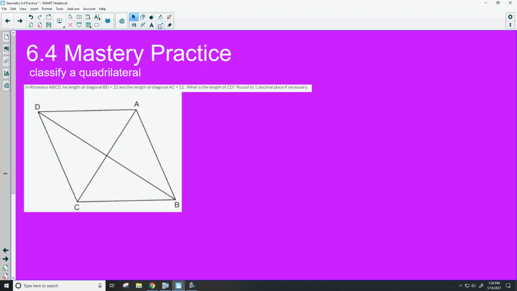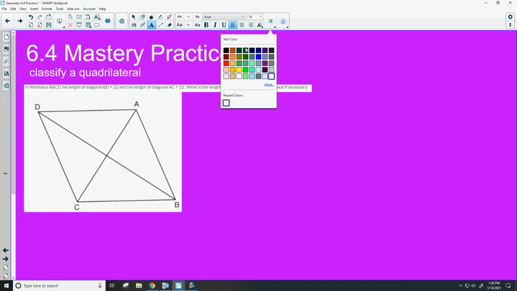Okay, so because I know that this is a rhombus, some stuff's going to change. All right, so let me first label all of this stuff.